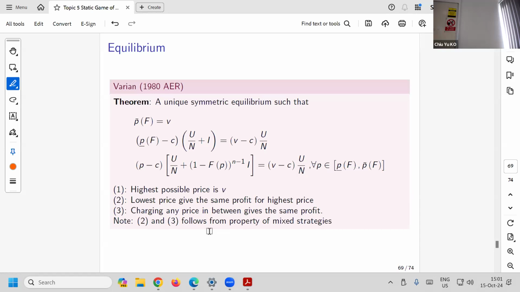If you charge the lowest possible, because everyone's randomizing, it's a mixed strategy, so it means there's no one who would be the same as you. You for sure get everyone in the I, right? So that's why this minus this times this guy, they should be the same, because you're maximizing over this. It must be the case they give you the same payoff. We just argued, right? You're maximizing over things, you are indifferent over them.